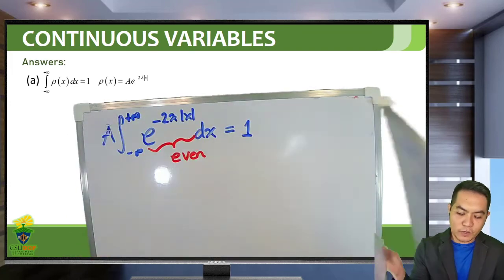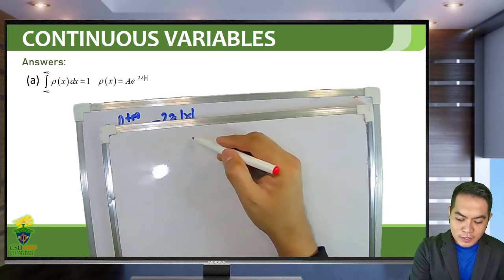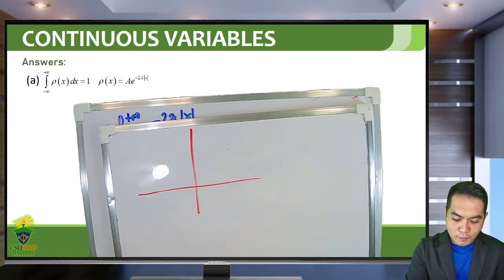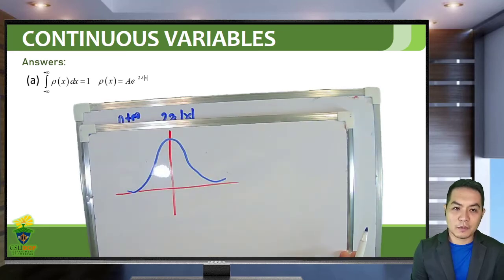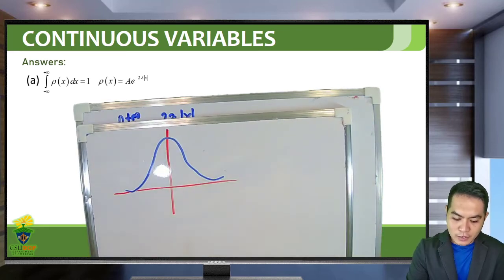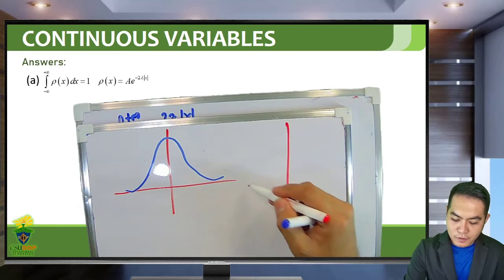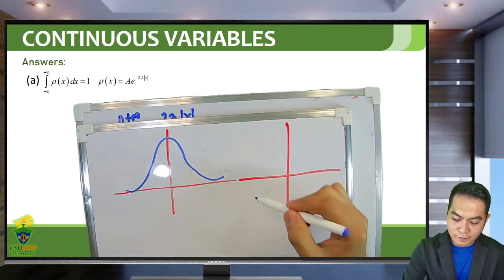For instance, this is an example of a symmetric function, and this is an example of an anti-symmetric function.